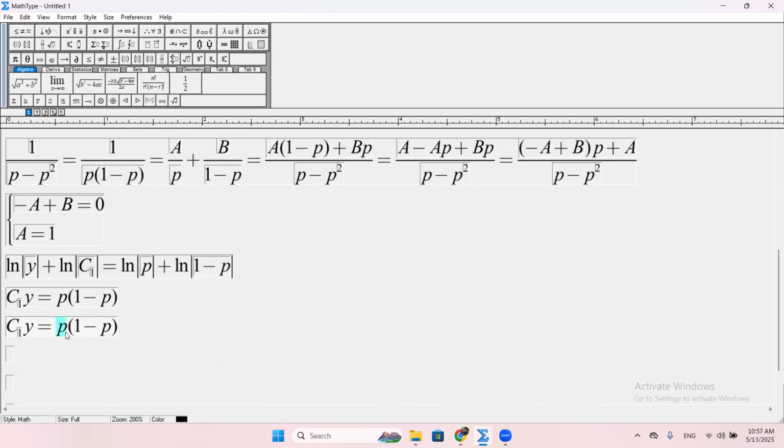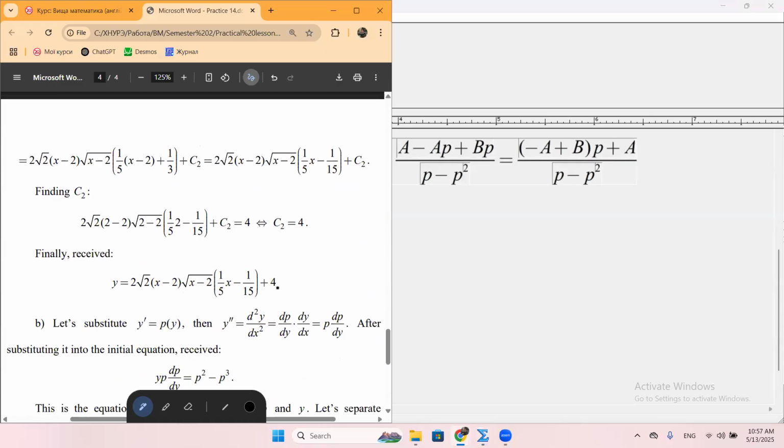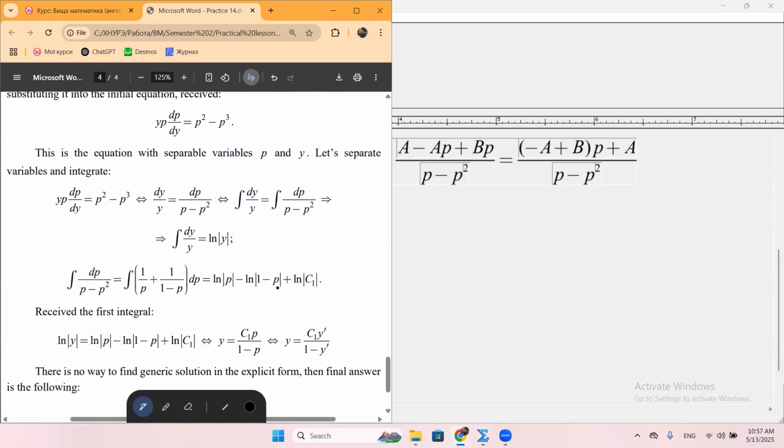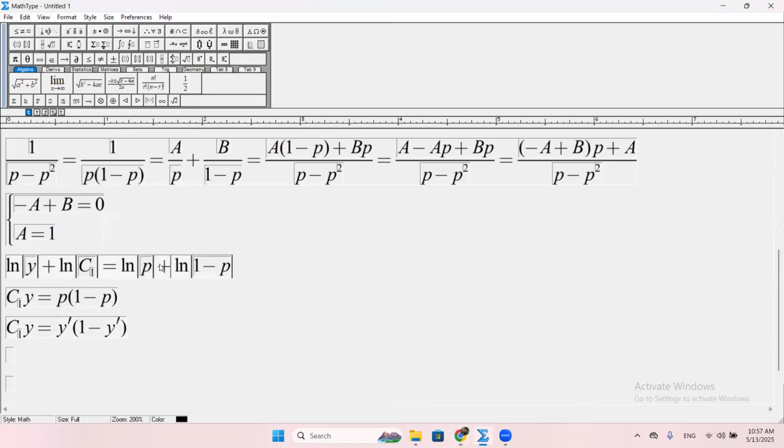But what do we really have? It is really hard to find the second integral of this equation. Let me see how it is solved here. Minus 1 y minus, yeah, really minus here. So here is a mistake.